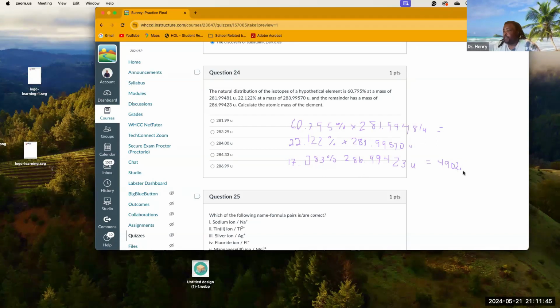Okay, so that's going to be 5 sig figs that we're going to be working with here. And then 60.795 times 281.99481.